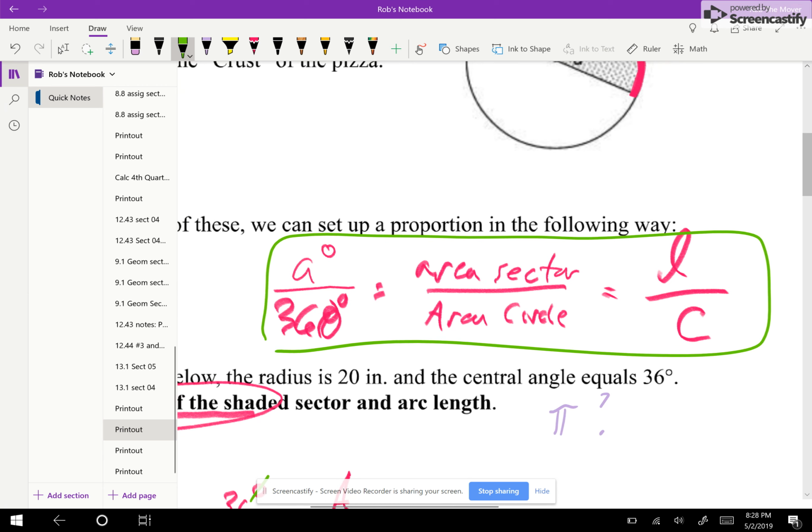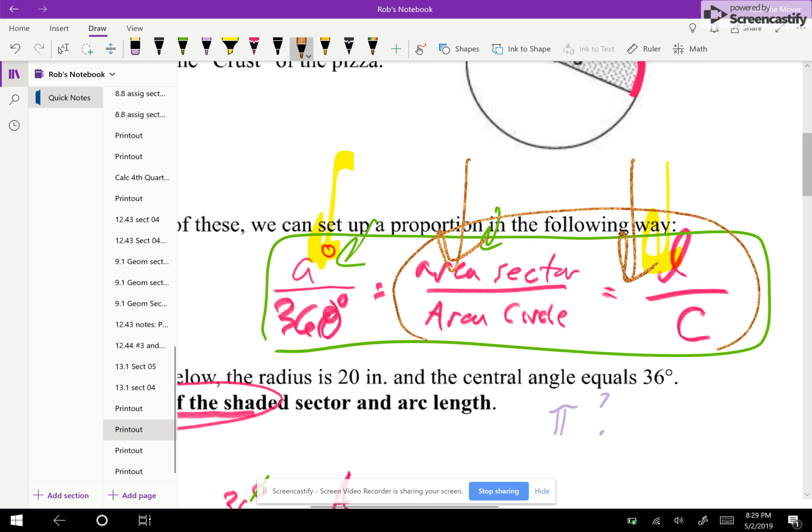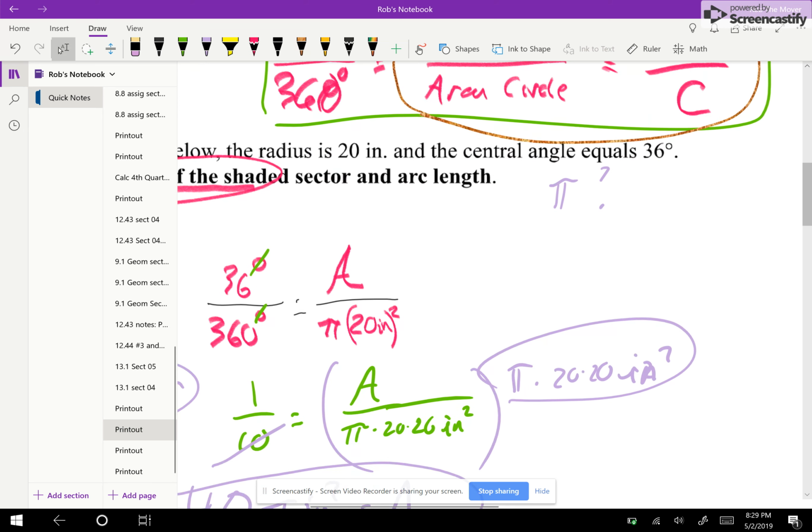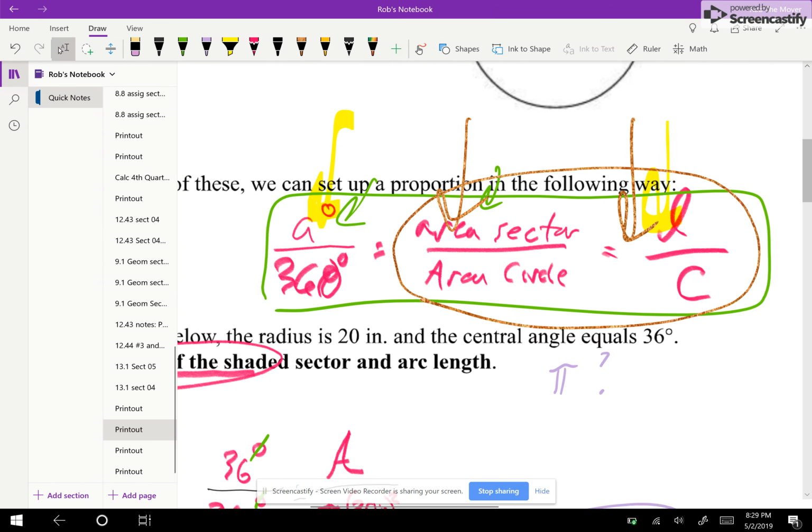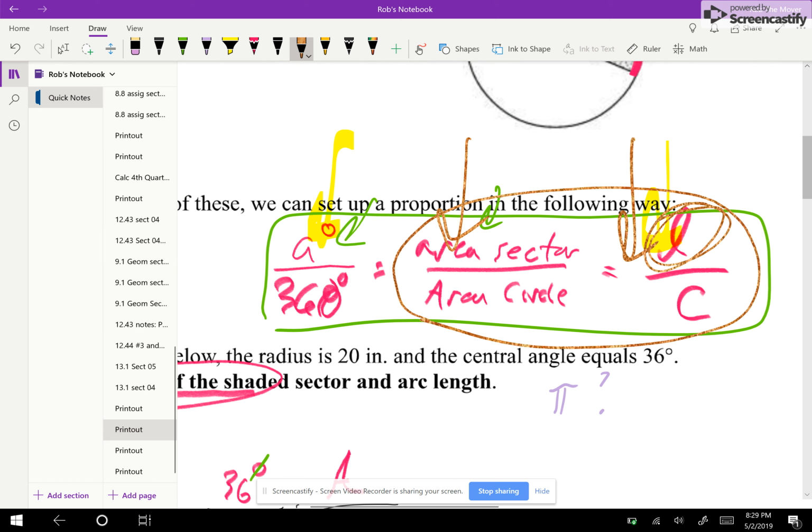You can only use one equation at a time, but I can use this one is equal to that one. On this one, this is the first time we've had to actually compare those two on the right side. We did the arc length divided by the circumference. We're going to use area of the sector compared to area of the circle.